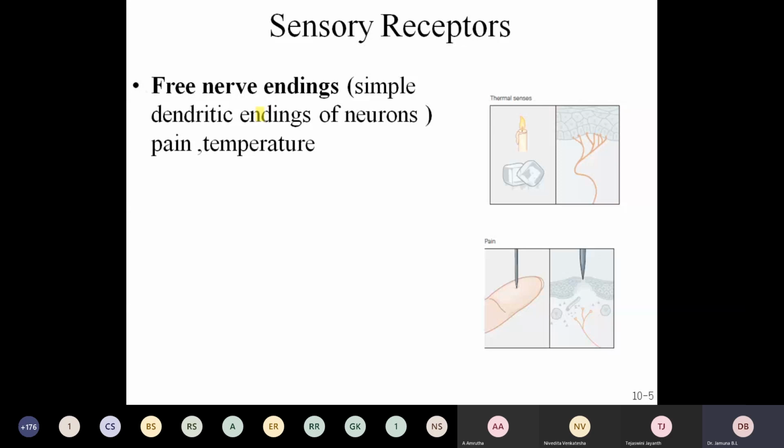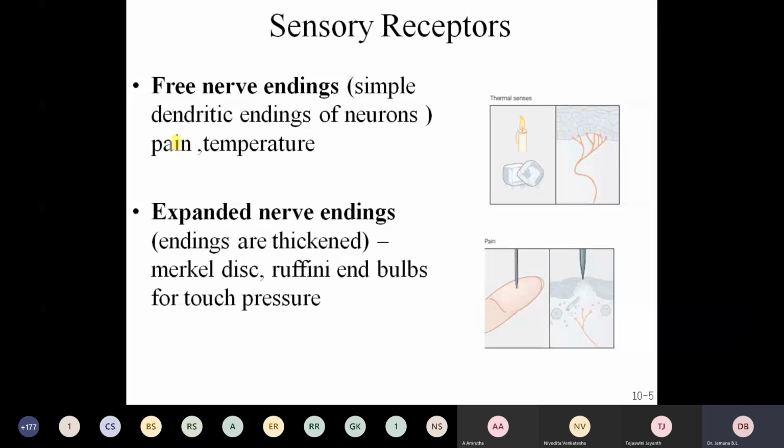For example, for the pain sensation and the temperature sensation, these receptors are naked free nerve endings. Or some receptors may be expanded nerve endings, where the dendritic endings are thickened, for example Merkel's disc and Ruffini's end bulb, which mainly sense touch and pressure sensation.